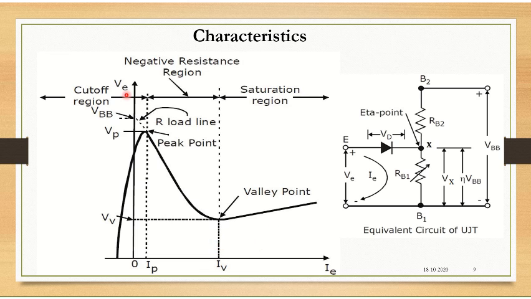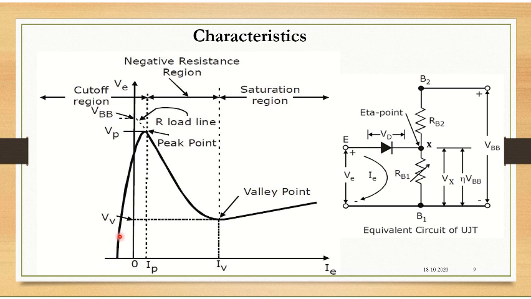Let's understand what happens. If you look at the circuit here, as I said, if the VE voltage applied at the emitter is less than the Vx voltage, then the diode will be in reverse bias condition and there will be no conduction here. However, there will be some leakage current, a small current due to minority carriers.